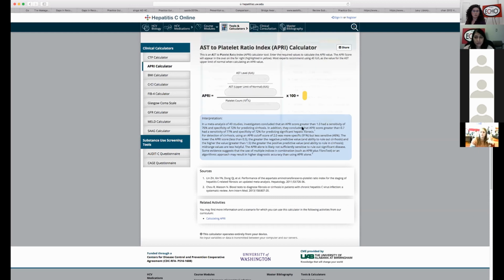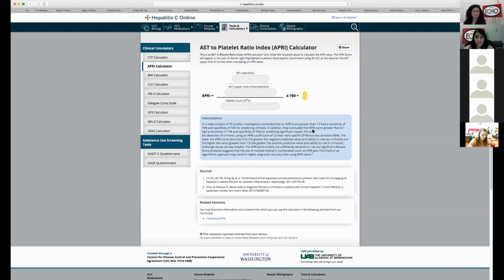If the APRI score is greater than 1.0, it has fairly high sensitivity, 76%, and specificity, 72%, for predicting cirrhosis or more advanced liver disease. Some people define this as clearly stage 4 or 3/4.